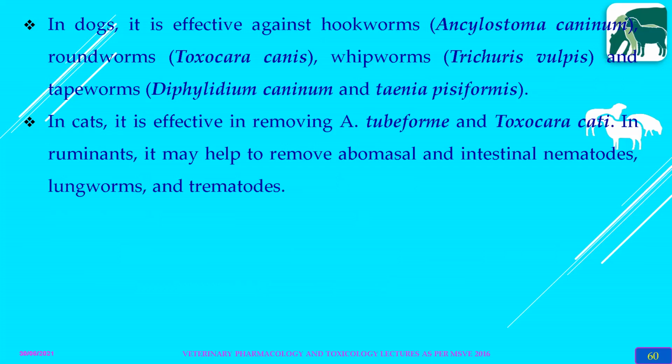And in case of cats, it is effective in removing Ancylostoma tubaeforme and Toxocara cati. Then in ruminants, it may help to remove the abomasal and intestinal nematodes, and of course the lungworms and trematodes. All other properties are very similar to that of fenbendazole.